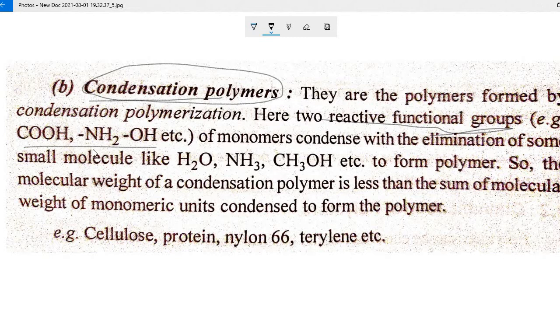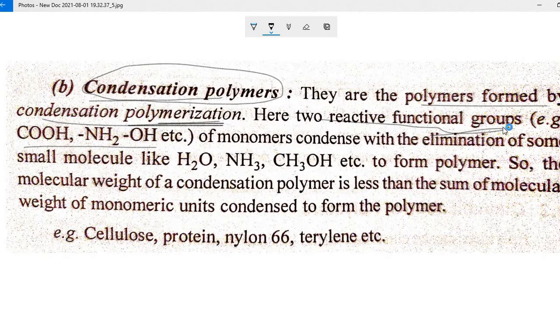Now we will discuss the condensation polymers. So what is condensation polymers? The polymers which are formed by condensation polymerization are known as condensation polymers.